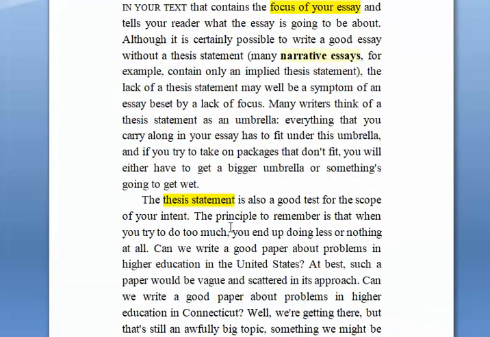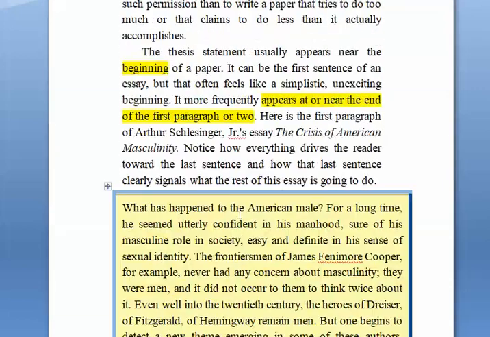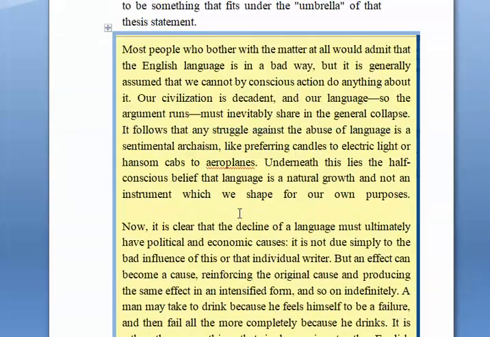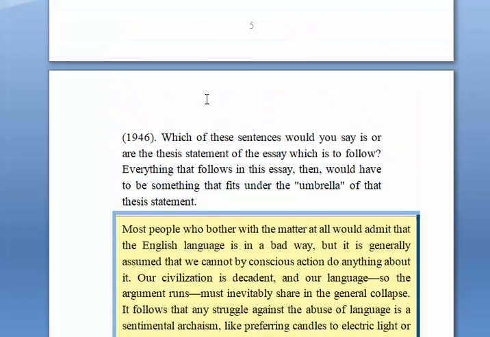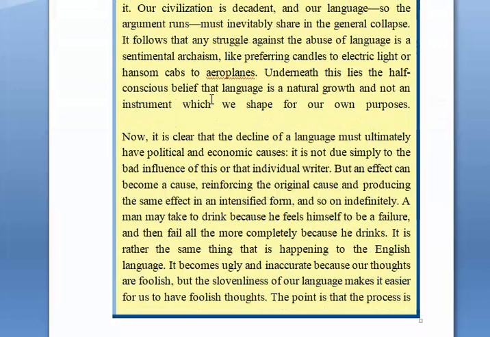So this is the beginning and the introduction of the course, defining what a thesis statement is and how you can identify it. And as a simple exercise, you can read these two paragraphs beginning with "Most people," written by George Orwell, the first two paragraphs, and identify the thesis statement. It's easy.